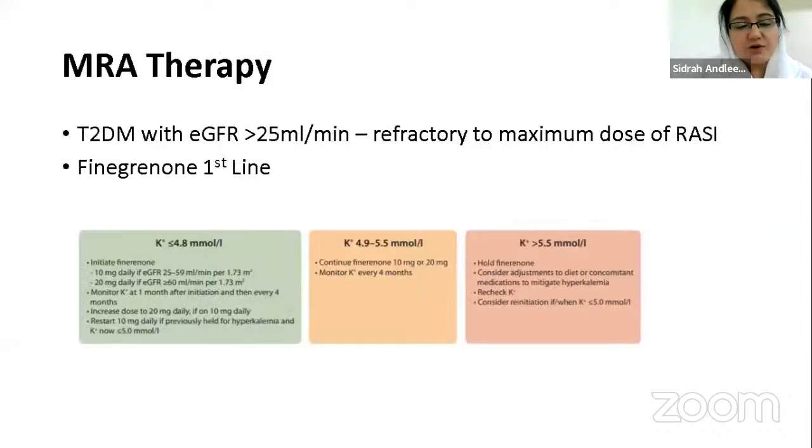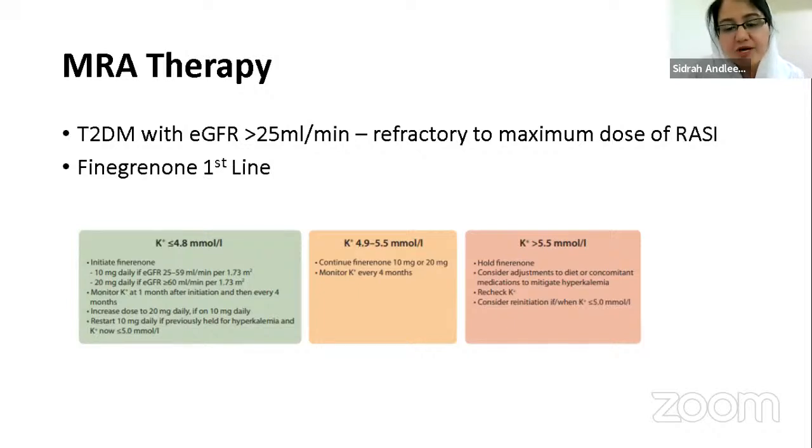So now talking about mineralocorticoid receptor antagonist therapy. In type 2 diabetes, the patient has exhausted the maximum doses of an ACE inhibitor or an ARB, but still could not control the blood pressure.